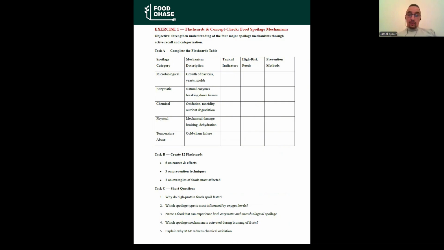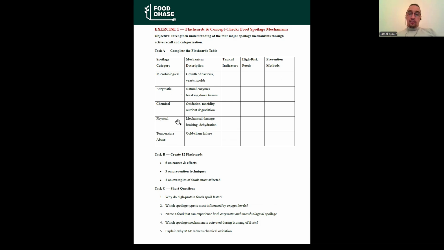As you can see, we have different tasks A, B, and C. For task A, the objective is to analyze this table. You have five spoilage categories: microbiological, enzymatic, chemical, physical, and temperature abuse.